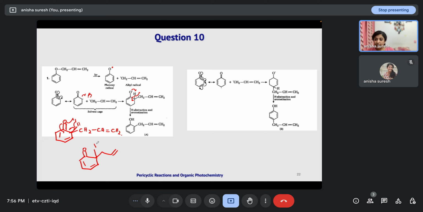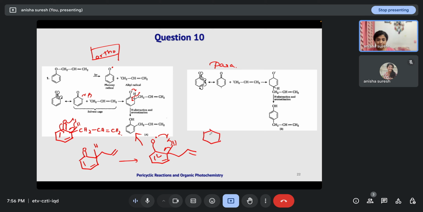And then under photochemical condition, an O radical, carbon radical will be formed, and then proton abstraction will be taking place and rearomatization will be taking place, giving back the product. So this is how the ortho shift is taking place.